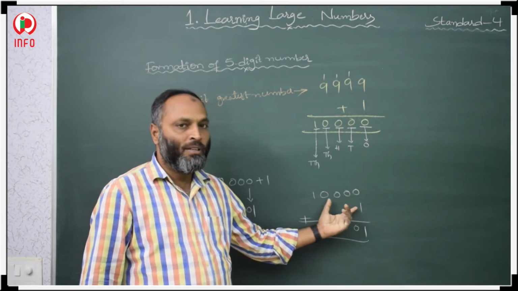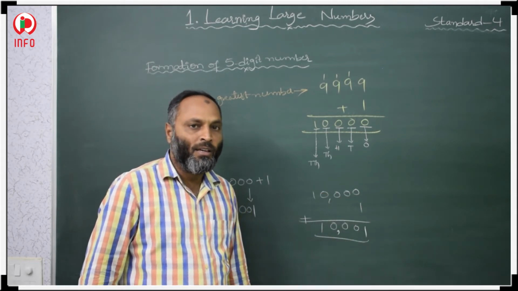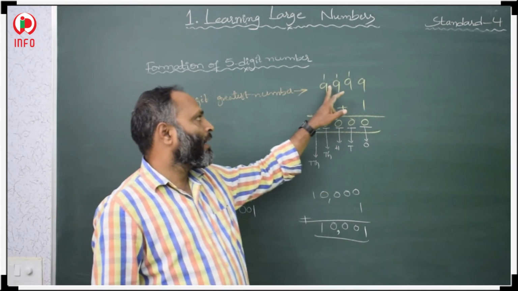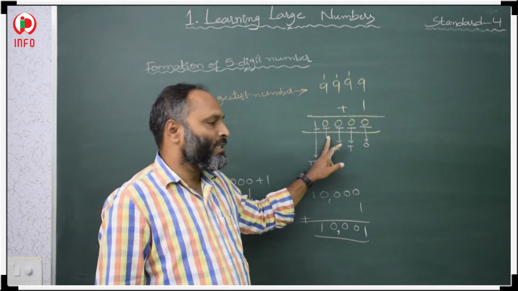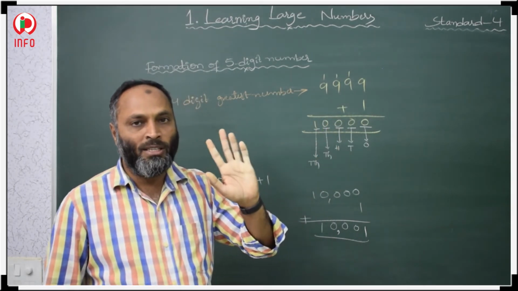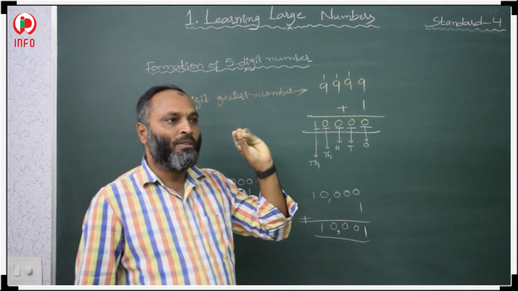After adding plus 1 to this 10,000, we get 10,001. When we add plus 1 to the greatest 4-digit number, we get the smallest 5-digit number. This you have to remember.